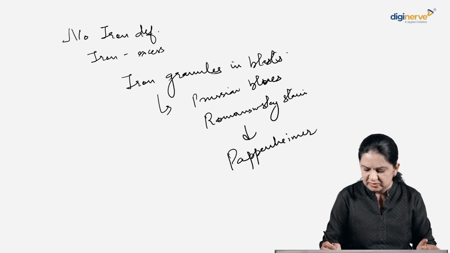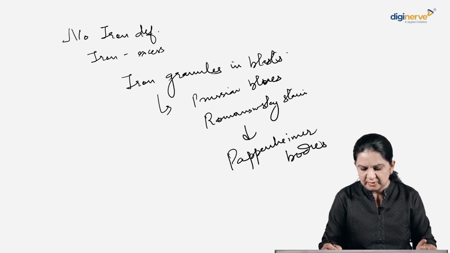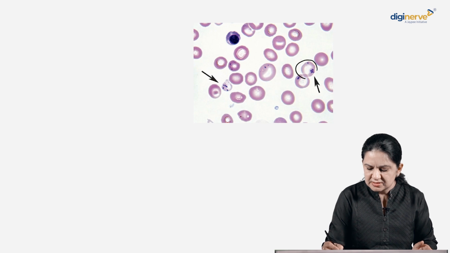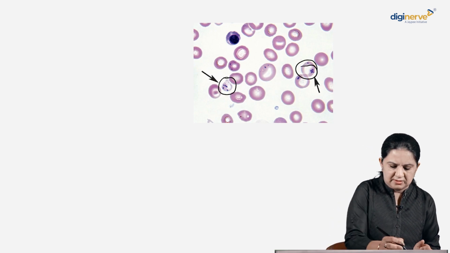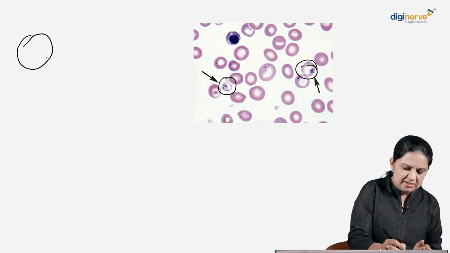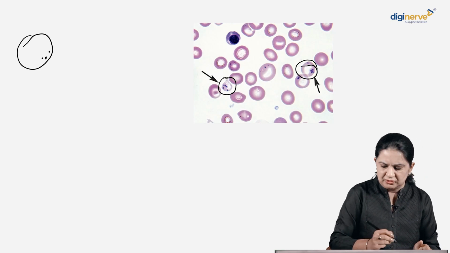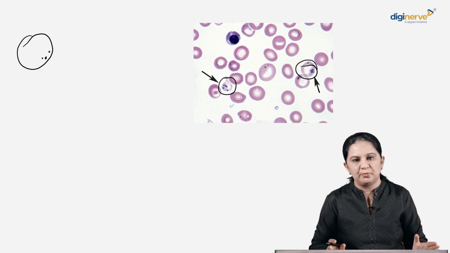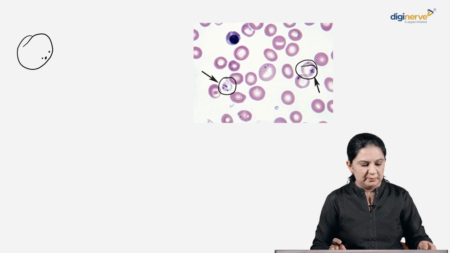Please remember, these will be stained as Pappenheimer bodies. If you see in the peripheral blood, these are siderocytes. A red blood cell in which you will see iron granules. Normally, they are not present, but you can usually see them post splenectomy, but not in normal persons.